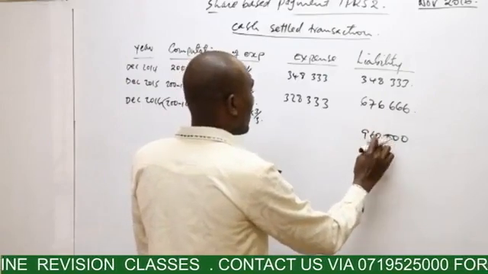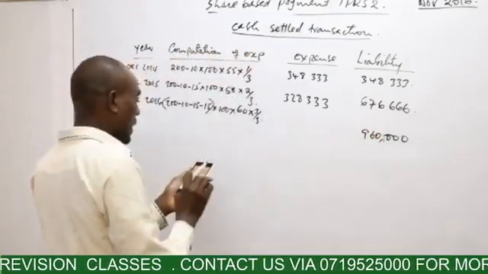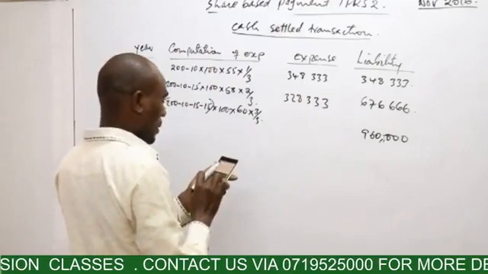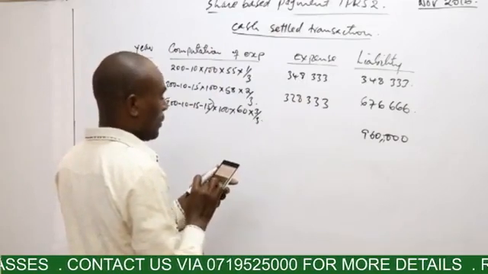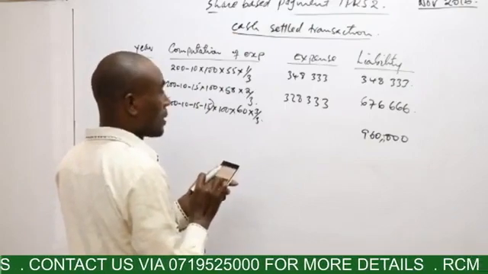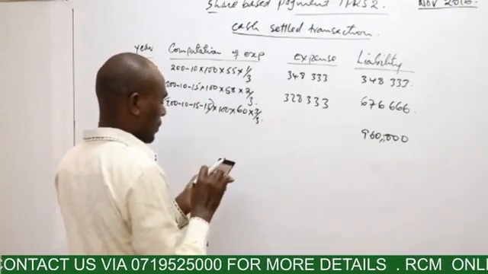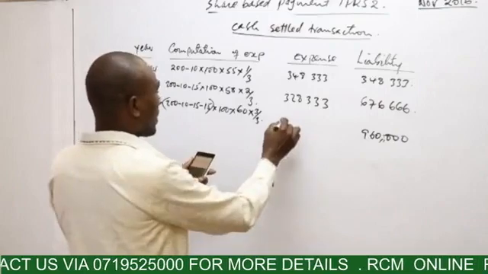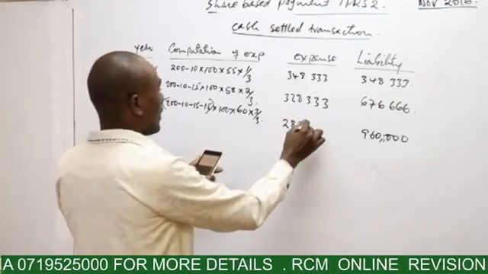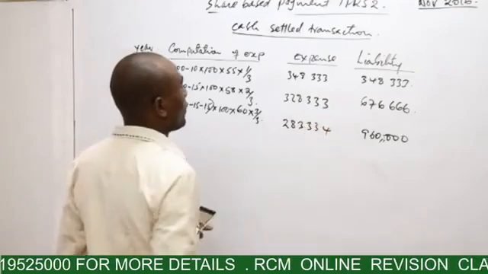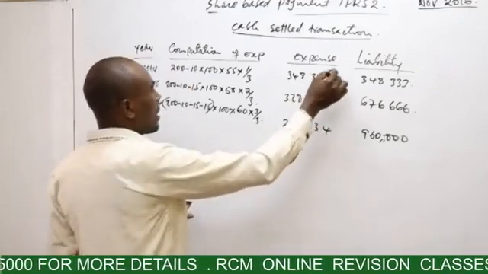Then I subtract 676. I'm getting 283,334. This is the expense.